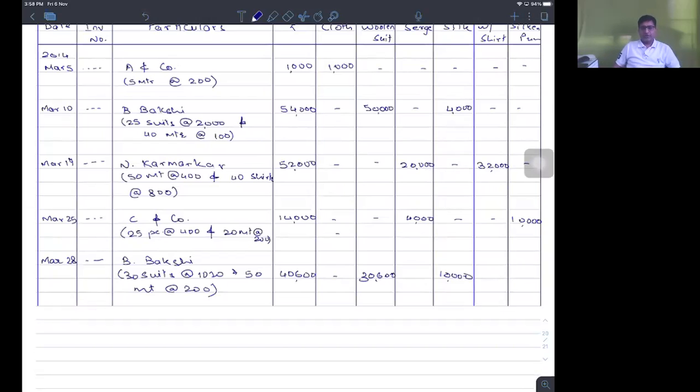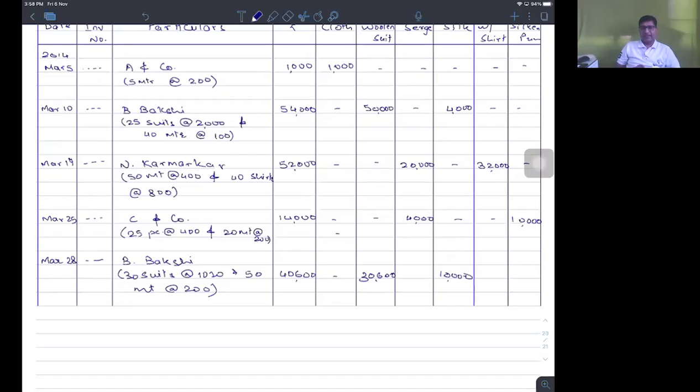So this is how you have recorded the transactions in your purchase book. This is your columnar purchase book, and that's why you have recorded all the transactions not only in the amount column, but also in the various product columns.